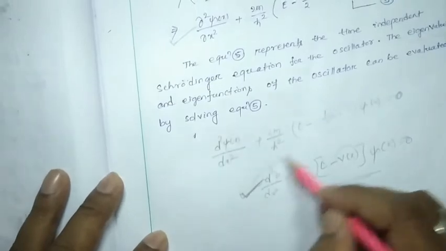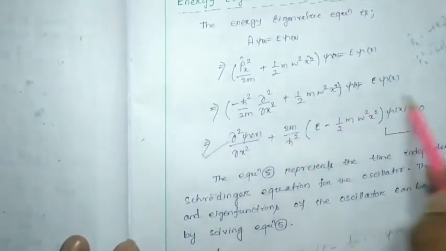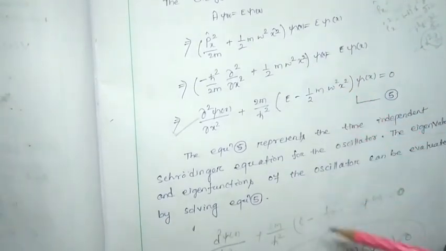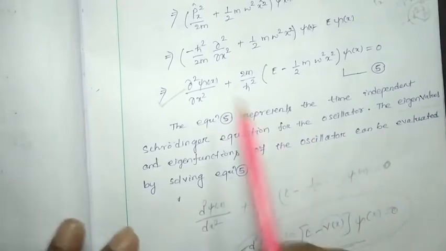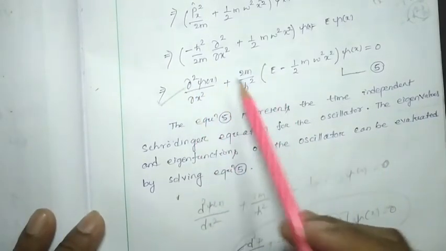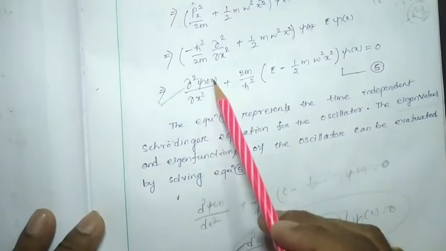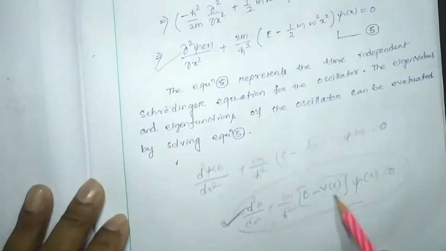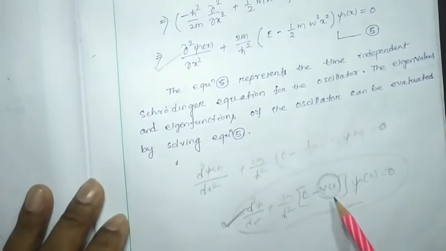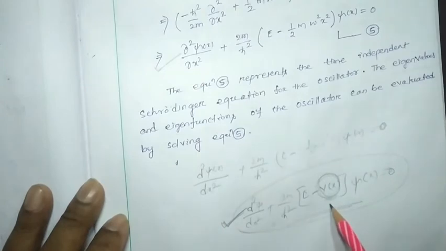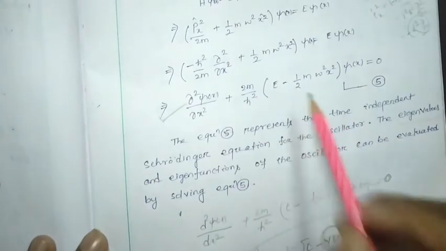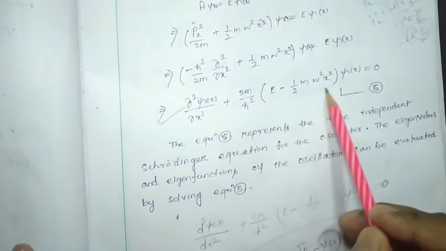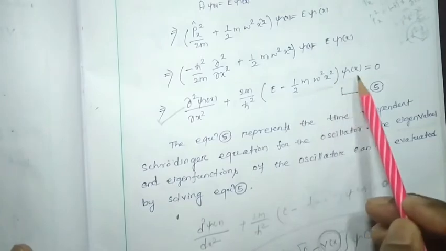If we compare this equation with the previous one, we find that both are the same, because here V x is arbitrary, taken in generalized form, but for this linear harmonic oscillator V x has the particular value half m omega square x square.